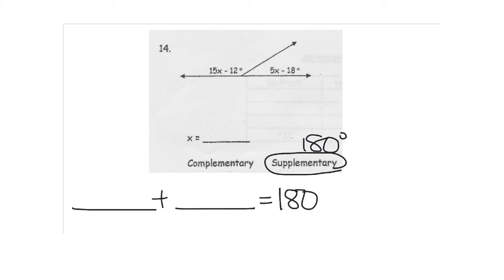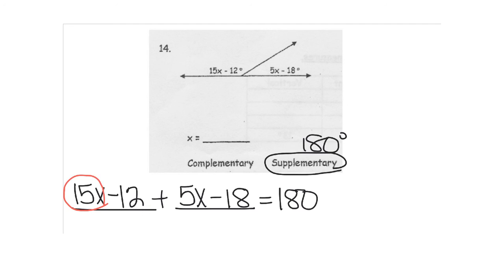Now let's put in our angles. Our left angle is 15x minus 12. The angle on the right is 5x minus 18. Now that I've set up an equation, let's combine like terms and solve.